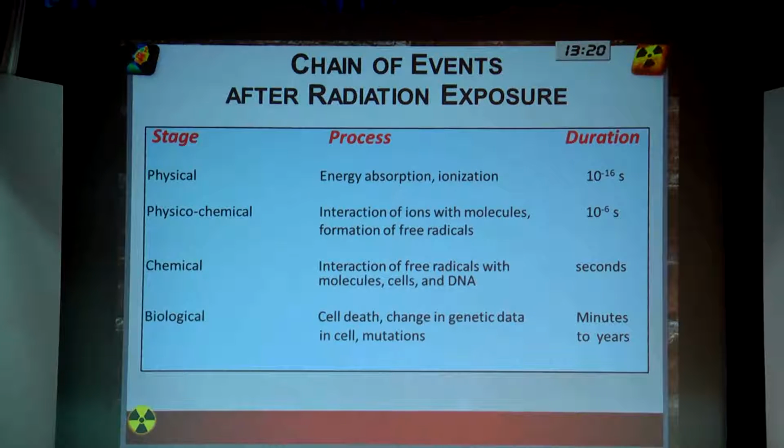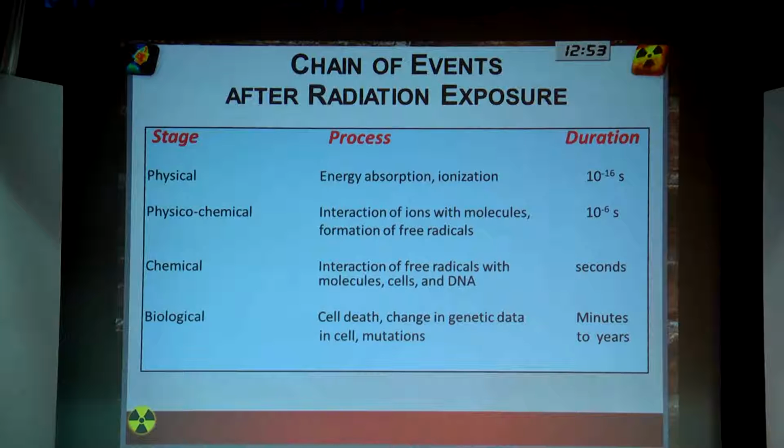This is how the chain of events will pan out when a person is exposed to radiation. So you have the physical stage, which is all within the milliseconds, that is 10 to the power minus 16 seconds. So there the ionization happens and the dose is deposited or absorbed in the body. Then you have the physicochemical stage where there is an interaction between the molecules and the formation of free radicals.